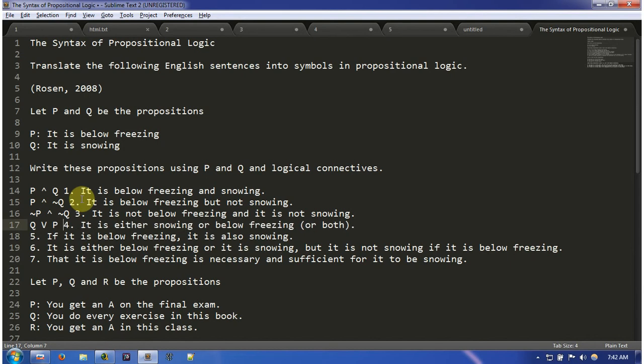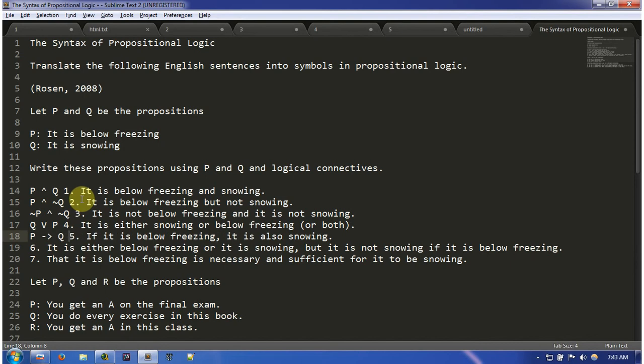Number 5, if it is below freezing, it is also snowing. Okay, that's an if-then. If it is below freezing, then it is also snowing.